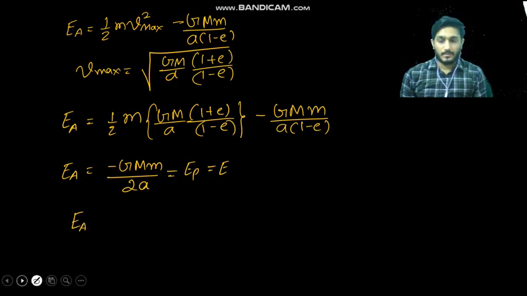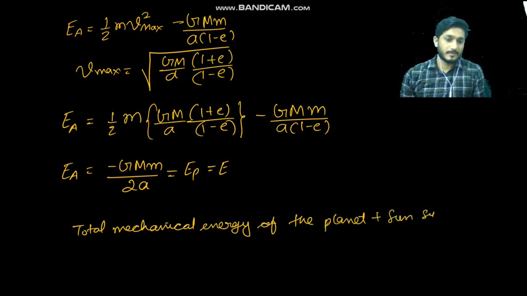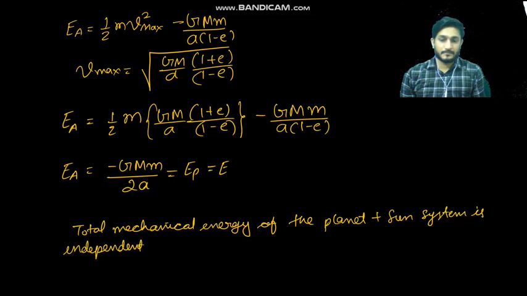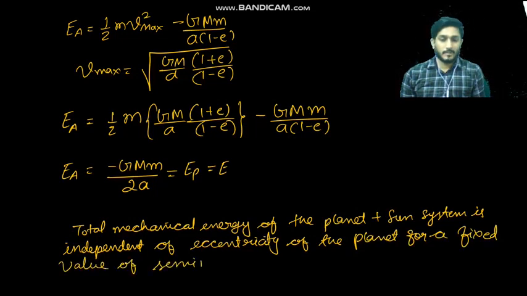So the total mechanical energy of the planet plus sun system is independent of the eccentricity of the planet for a fixed value of semi-major axis.